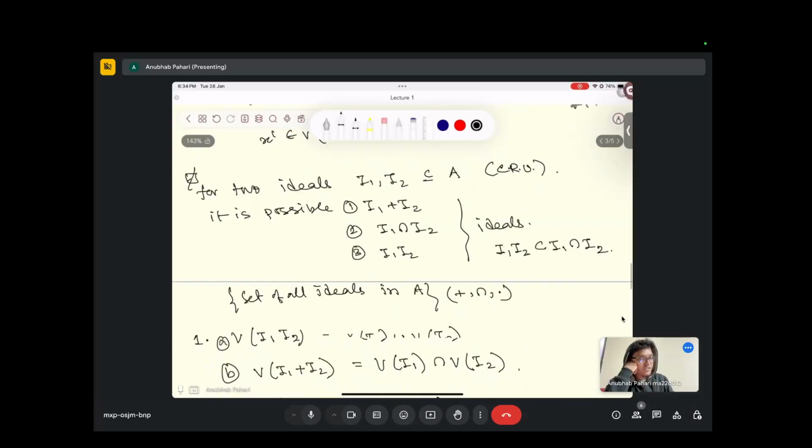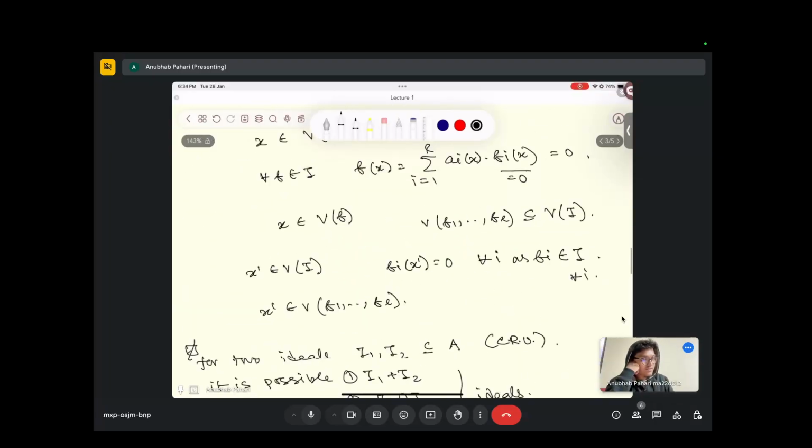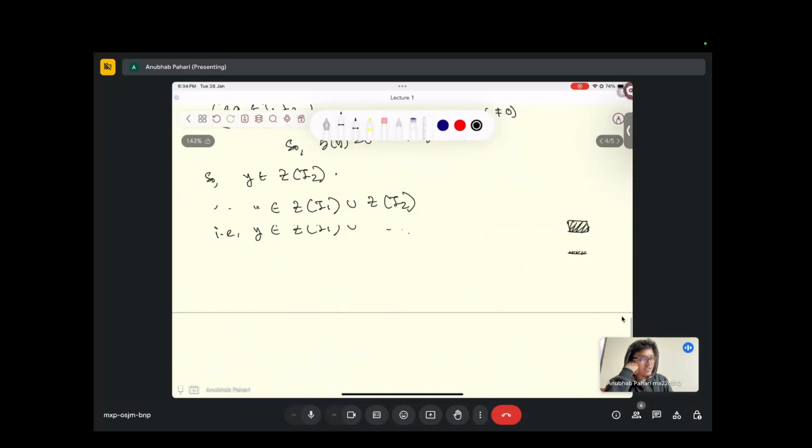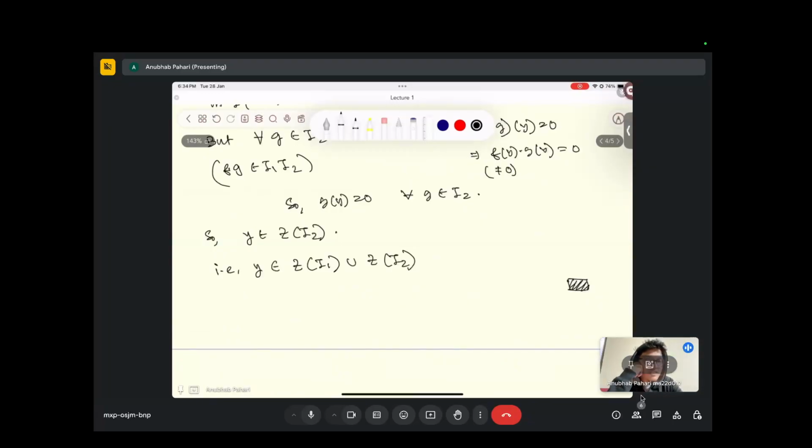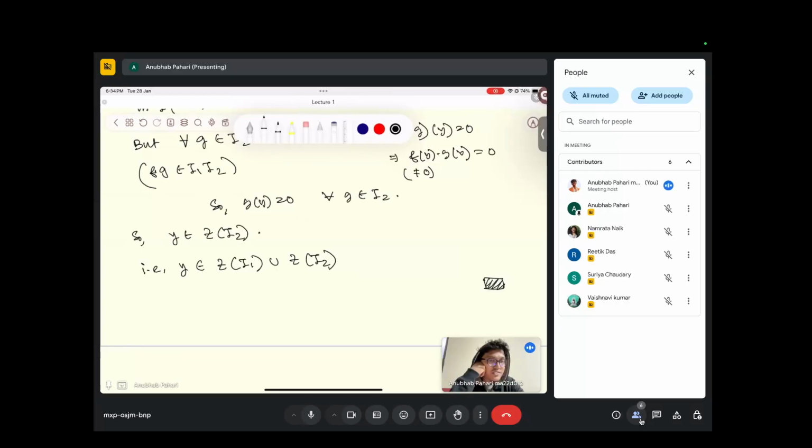So for that, okay, we have time, so shall I prove it or leave it as an exercise? Can anyone respond to me? If it is easy to you, then I can leave it, or if you need to see the rigorous proof, then I can do it.